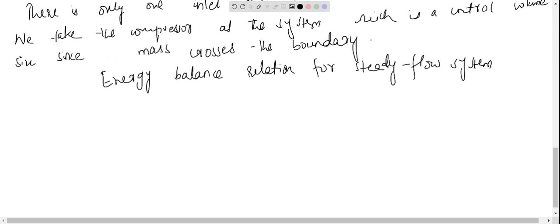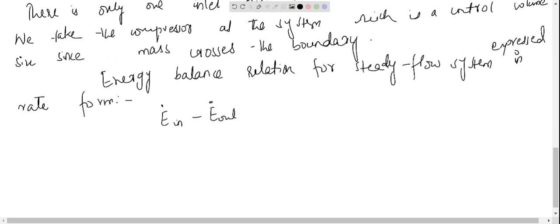expressed in rate form. So the rate of net energy transfer by heat, work and mass equals the rate of change in internal, kinetic, potential energies, etc. As this is a steady flow, this equals 0.